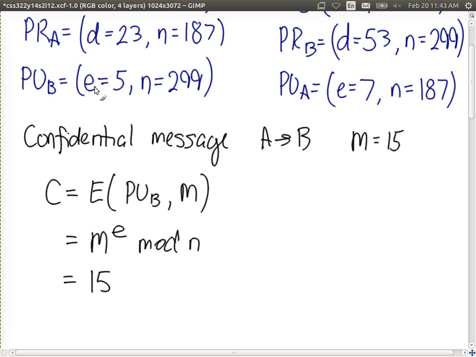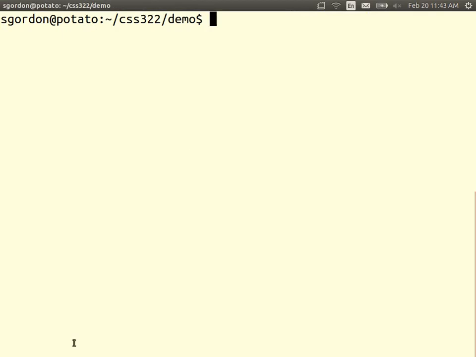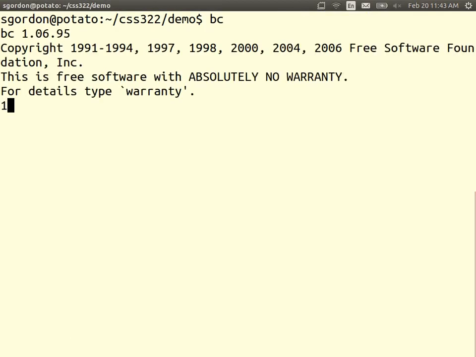E in the public key of B is 5. Mod 299. What do we get? We need a calculator. 15 to the power of 5 mod 299. 214. Okay, the ciphertext is 214.